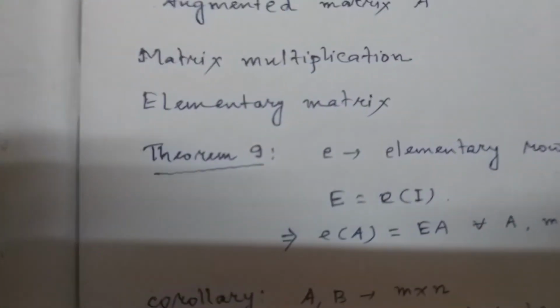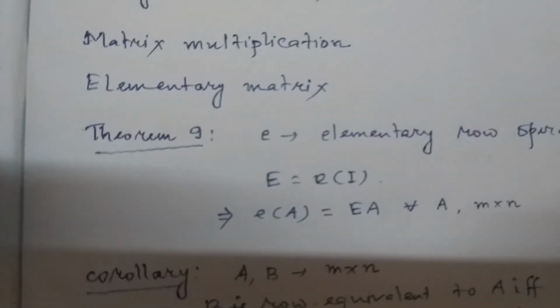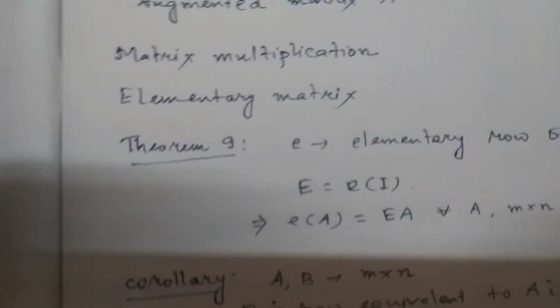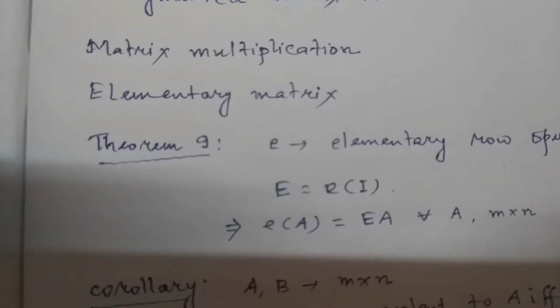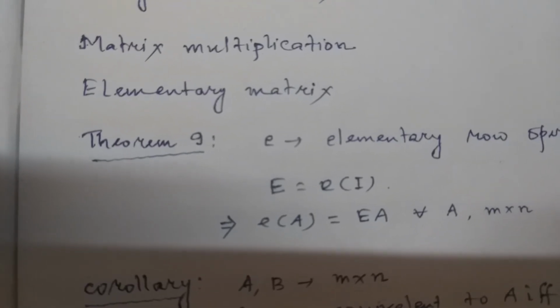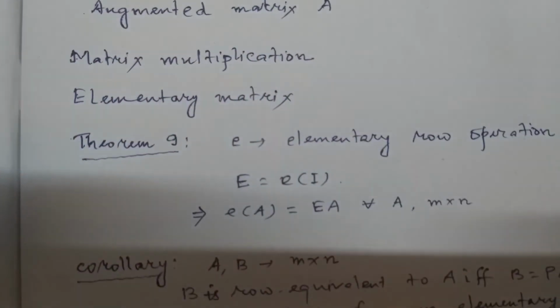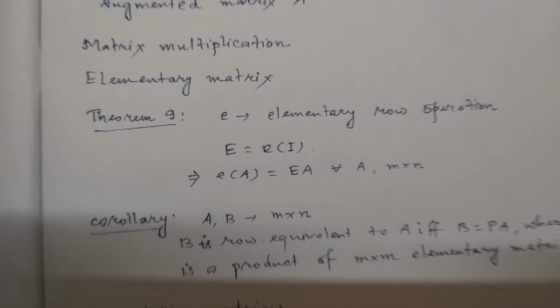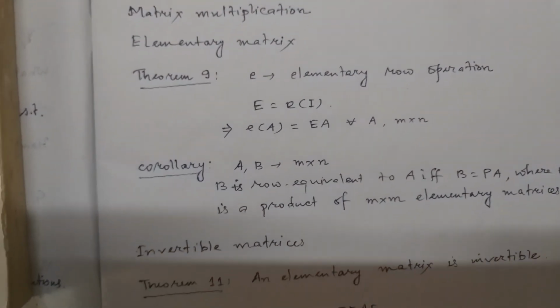What is an elementary matrix? If you apply a single elementary row operation to the identity matrix, the matrix obtained is called an elementary matrix.